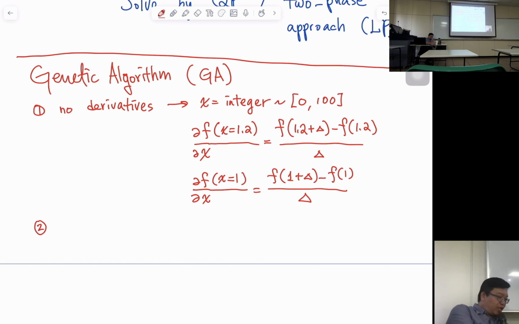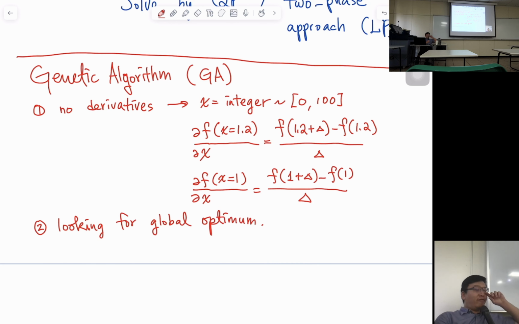Another situation is if you are looking for global optimal. If your problem is very nonlinear, it has many local minima.